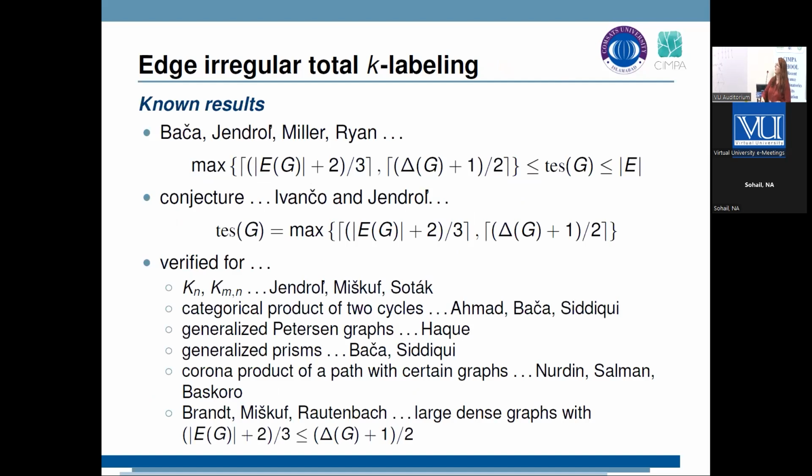Okay, so we have this type of labeling. And again, we have some lower and upper bounds for this invariant. And we have a very, very nice conjecture by Ivančo. This conjecture says that the total edge irregularity strength of any graph is the maximum of the following two numbers. The first is the number of edges plus 2, divided by 3.